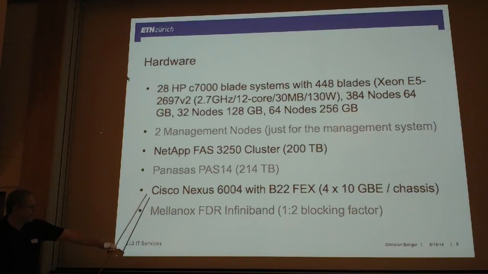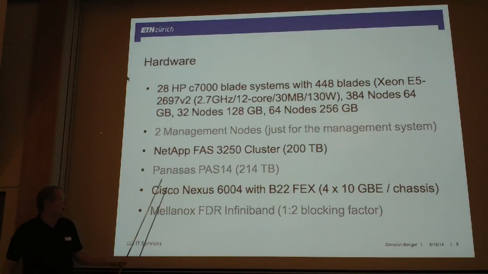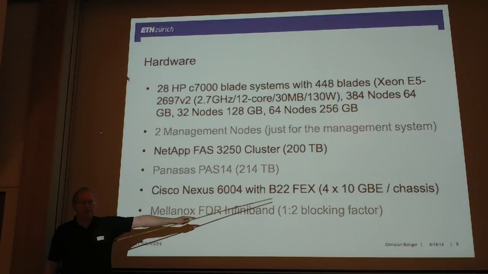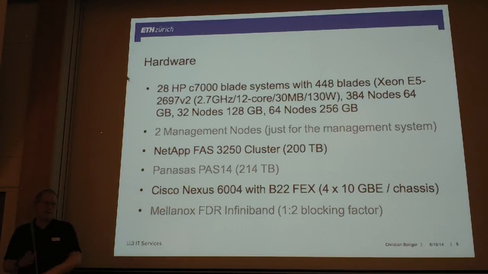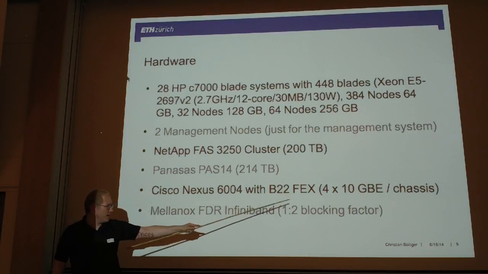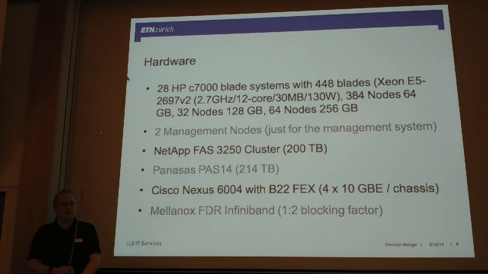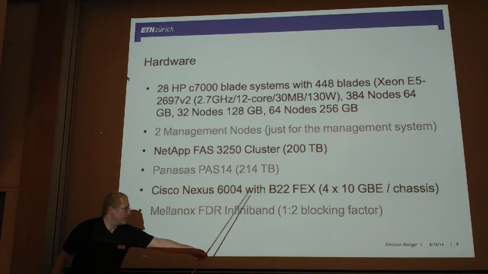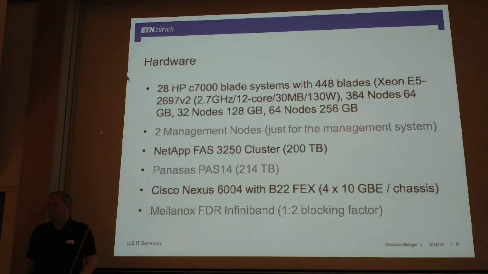And we have this Cisco Nexus 6004 with so-called fabric extender. So the switch is like one of these huge switches, but distributed, so that we go with 4 times 10 gigabit Ethernet to all blade chassis, and the blade chassis are connected to the main switch via the native fabric protocol.